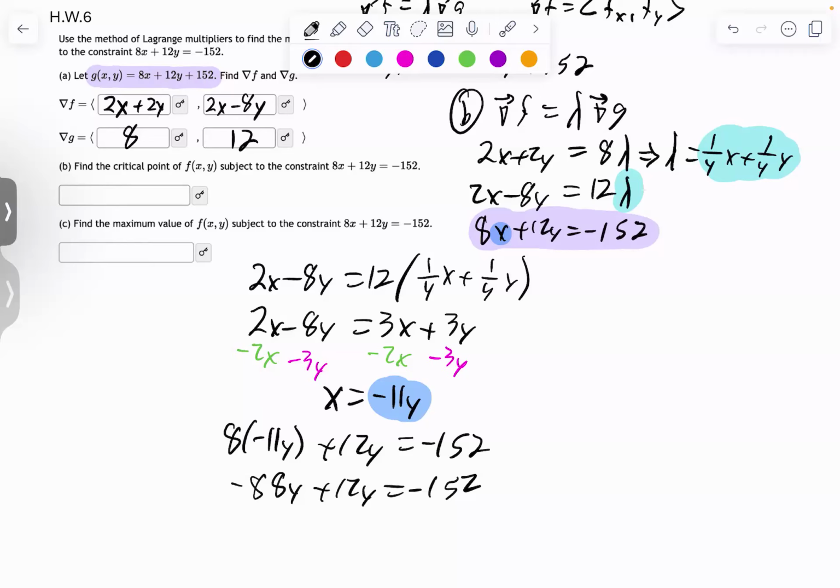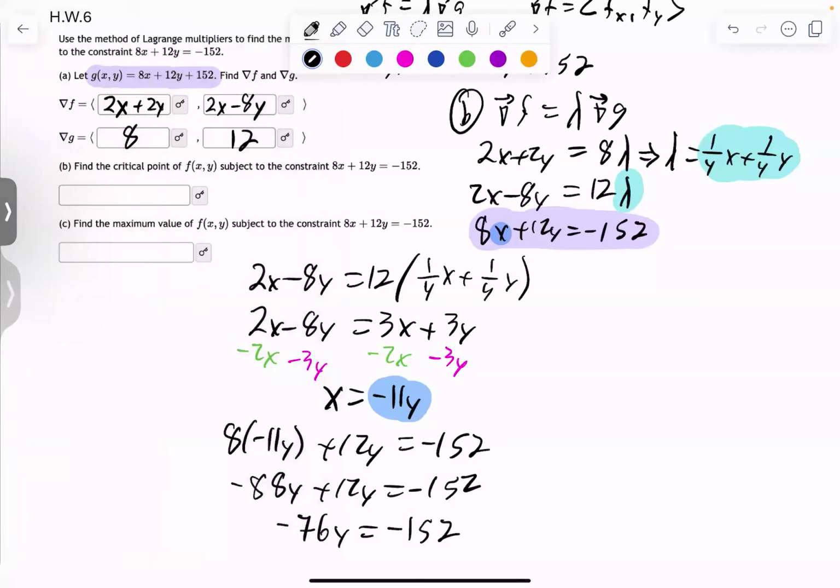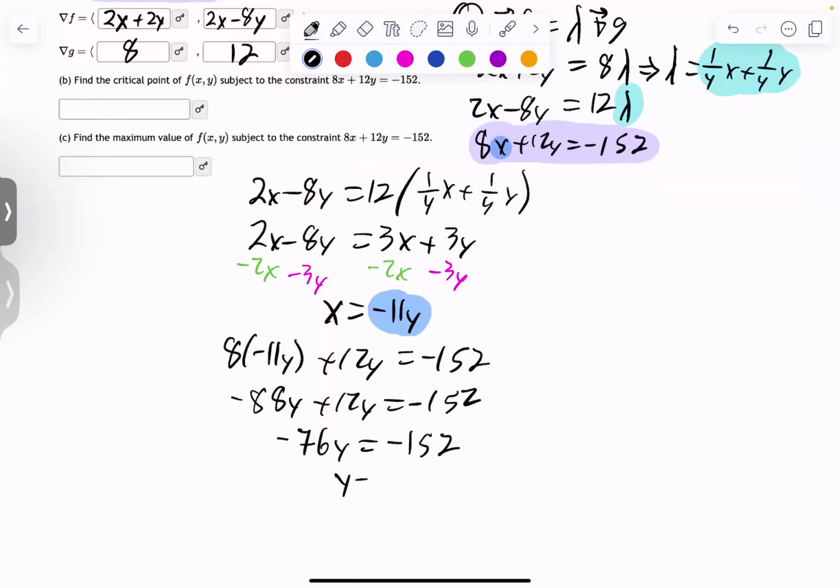That's going to be negative 76y equals negative 152. And if this is a lovely textbook problem, 152 divided by 76, look at that, so nice and pretty. y equals 2. I'm going to come back up here. x equals negative 11 times 2, which is negative 22.